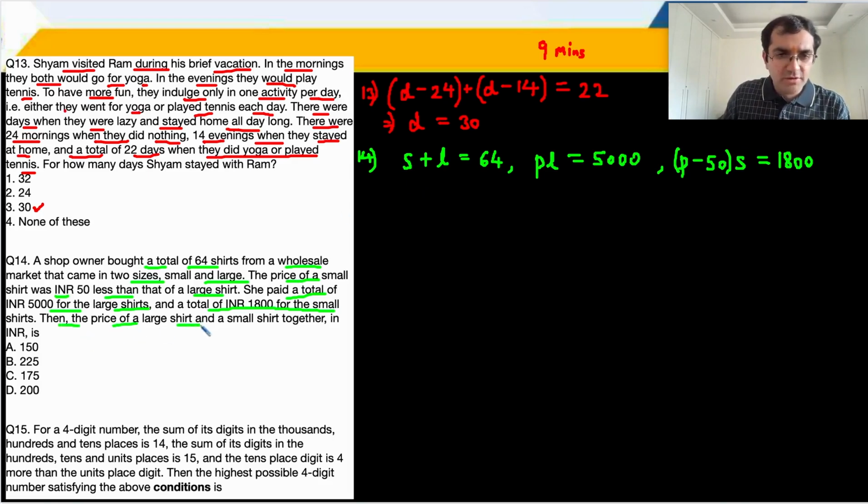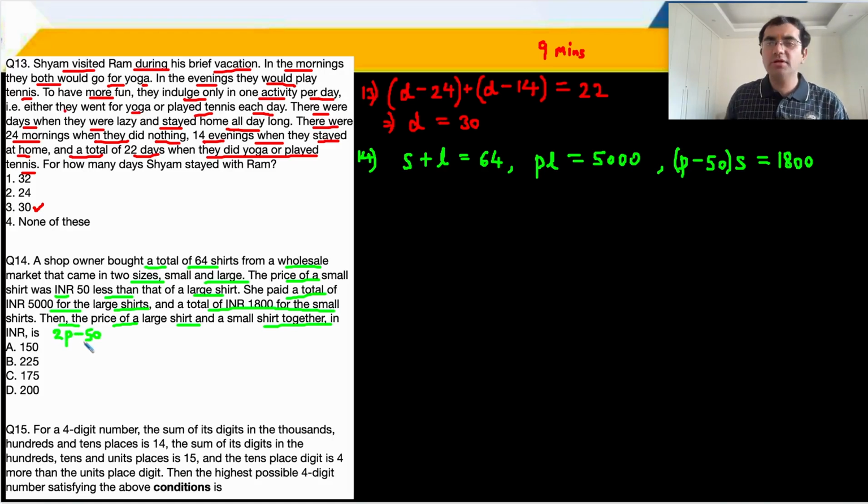Then the price of a large shirt and a small shirt together is. Now what is the price of a large shirt? P. Small shirt, P minus 50. That means all these prices given to you are for 2P minus 50.